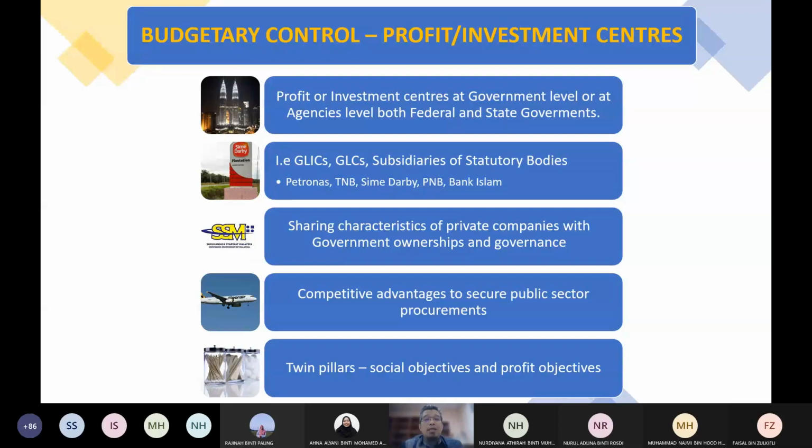But for your assignment, don't take GLICs or GLCs as your agency, because they are very similar to profit-making. You learn this in all other subjects, so do not take them. Just discuss them as part of our class discussion. For your assignment, take other than GLICs and GLCs, either at the federal level, state level, or local government.